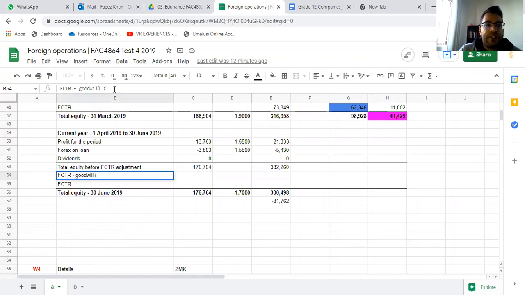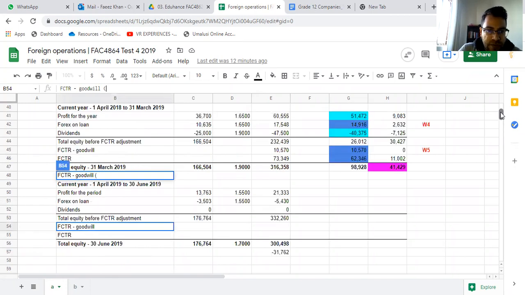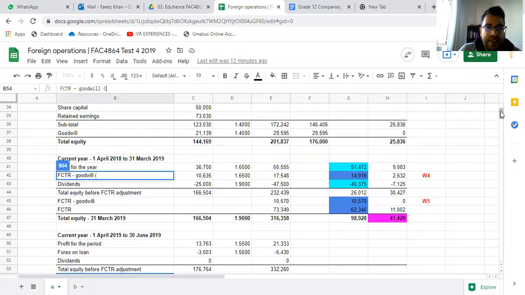We take the foreign currency goodwill amount. Goodwill did not change, so the foreign currency goodwill amount is 21,139. We're going to multiply it by the movement in the exchange rate.